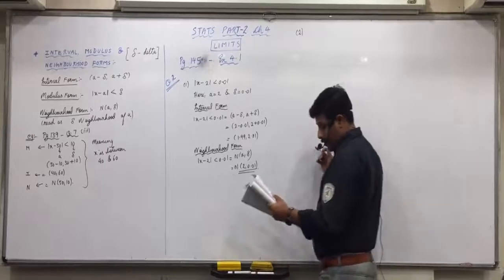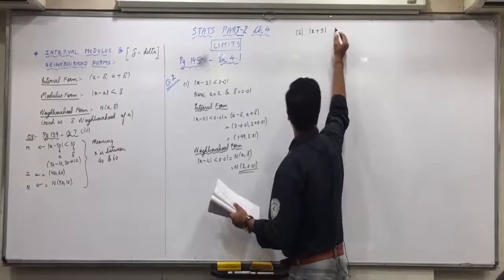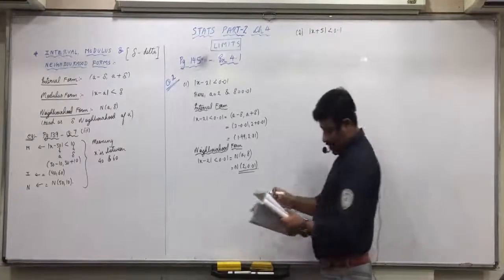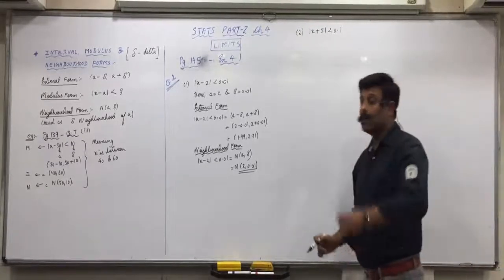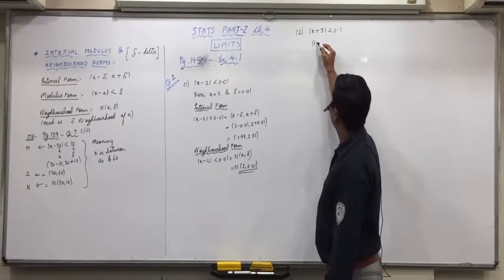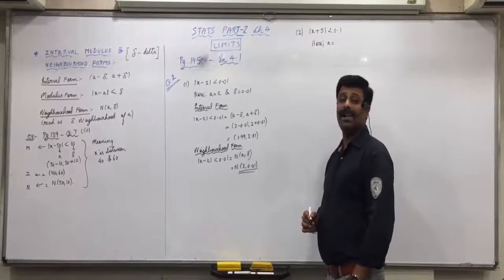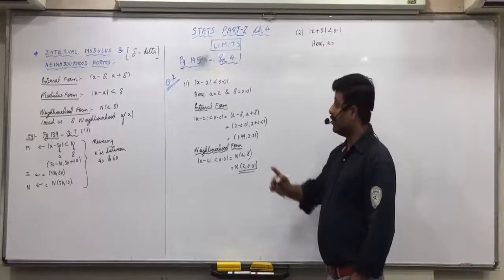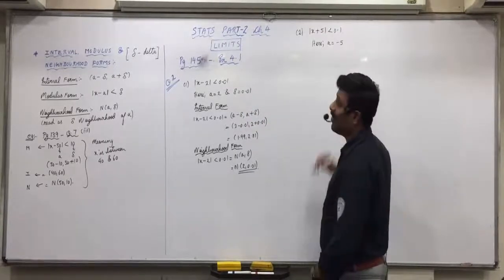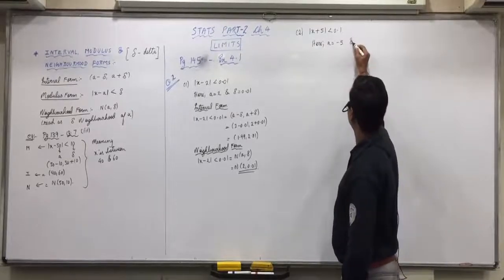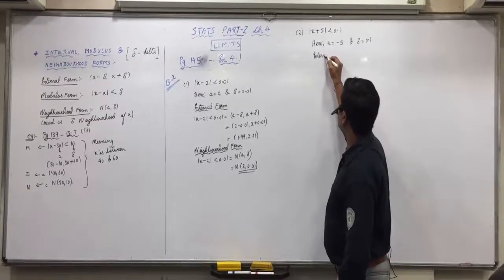Question 2. Modulus x plus 5 less than 0.1. Now, Sumana, what is a here? Is a 5? But you attended when I discussed it, it's the opposite. a will be minus 5. Further, delta is 0.1. Yes, Sumana, further.